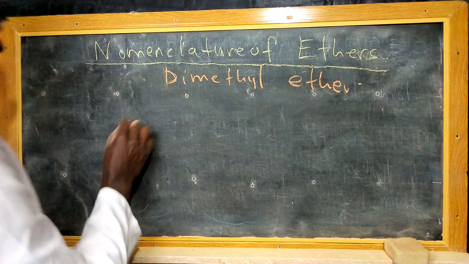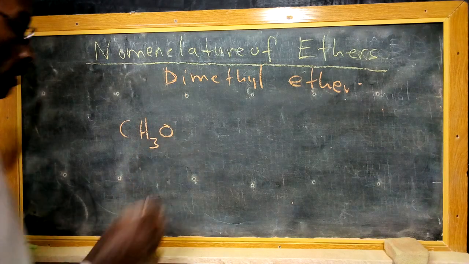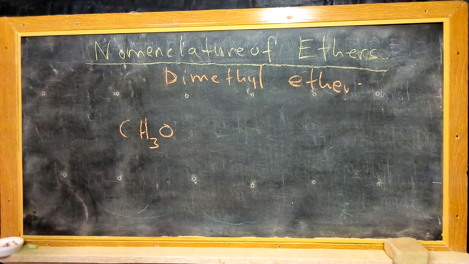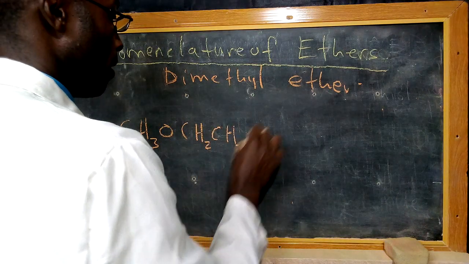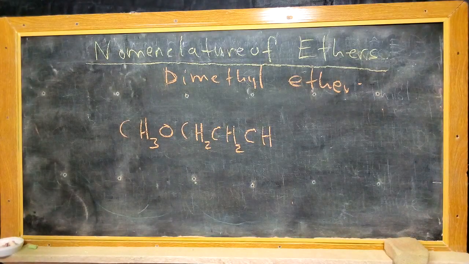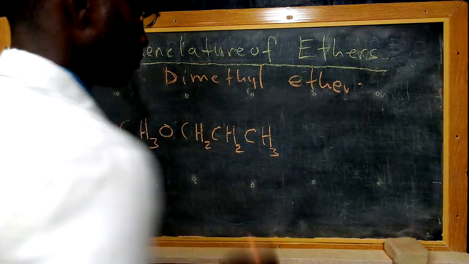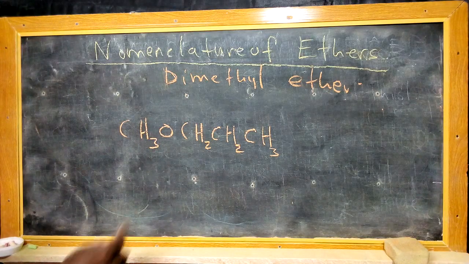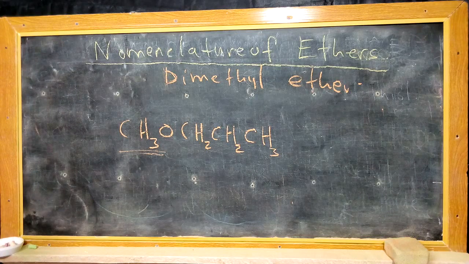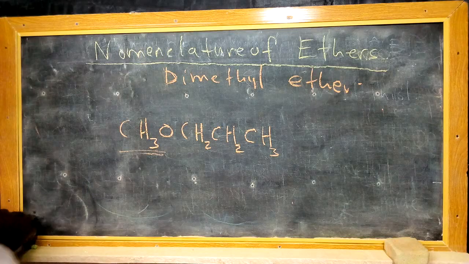Let's have a member of the ether family that has this particular formula. As we have said, the alkoxy group is treated as a substituent. So we shall have this member as a substituent, and then we shall name it.